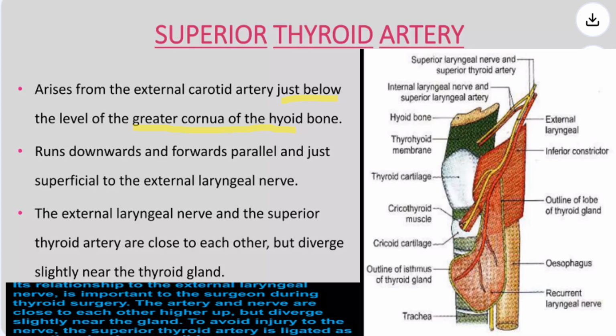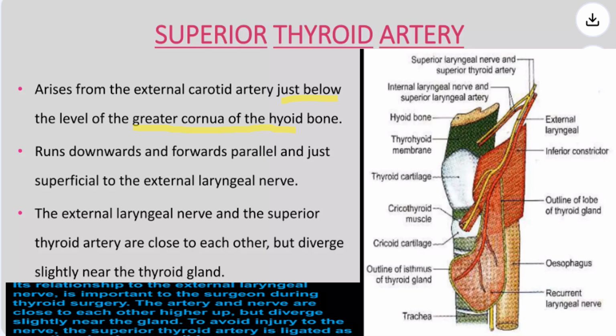The superior thyroid artery runs along the external laryngeal nerve downward, parallel to it, and they are close to each other but diverge slightly near the thyroid gland.